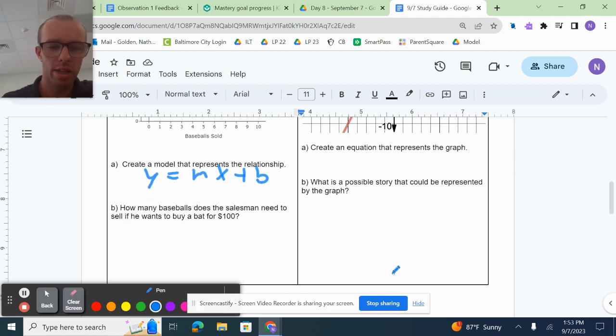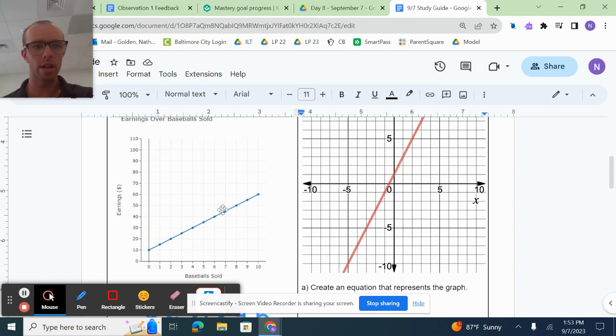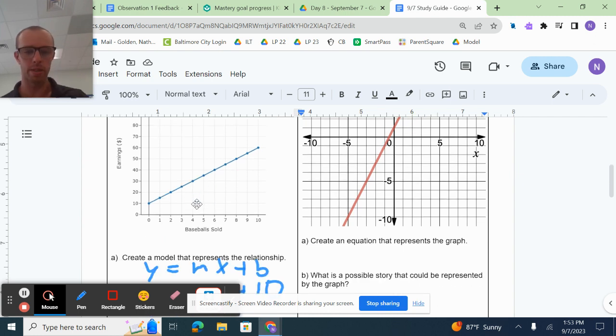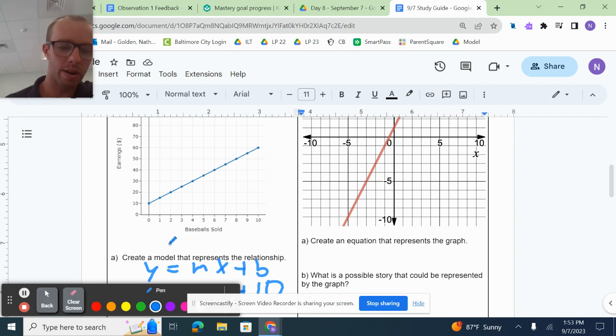And so I'm going to fill that in. This is a plus 10 right here. And so every linear function has two parts, where we start and how much we're changing by. So I need to figure out how much I'm changing by here. So we need to look at the slope. Slope m is change in y over the change in x.